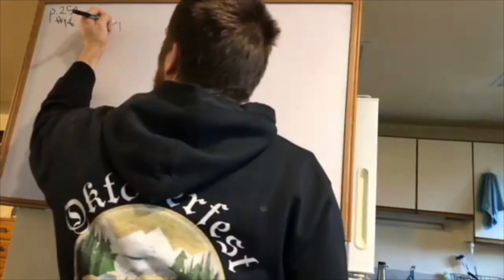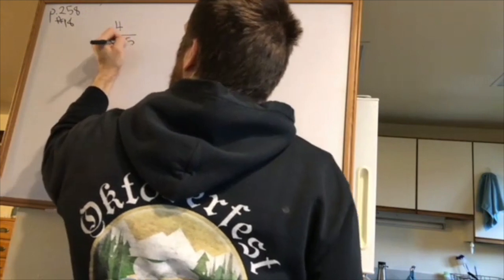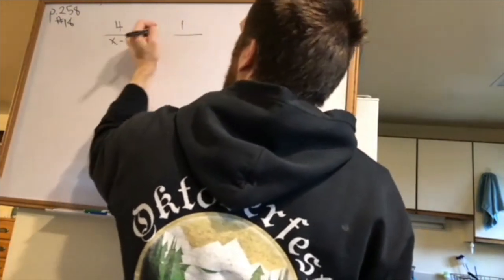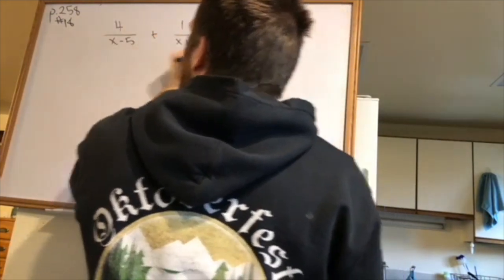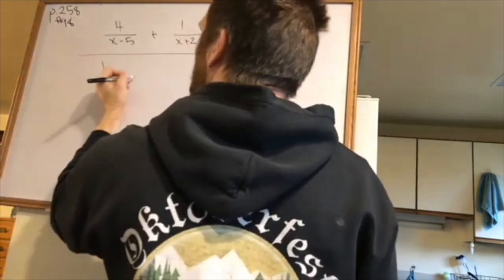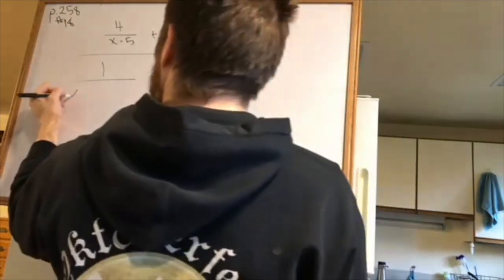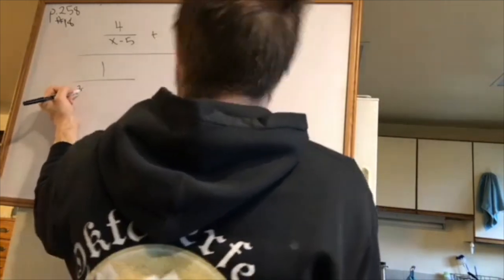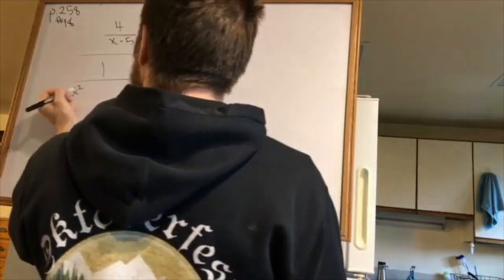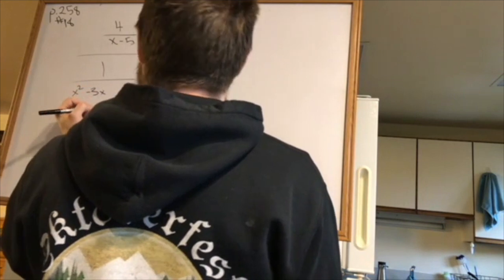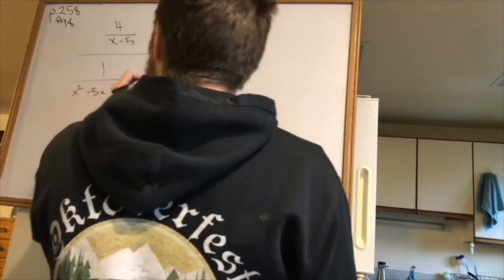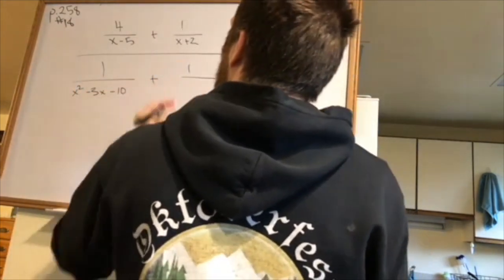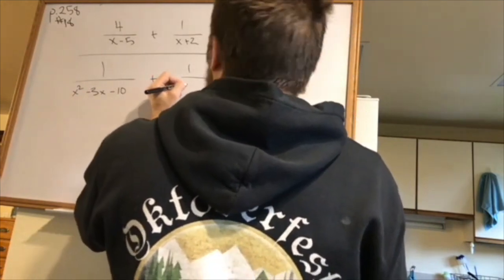The only other thing is you're going to have stuff like 4x minus 5 plus, we'll just call it 1x plus 2 over 1 over x squared minus 3x minus 10 plus 1 over, say, x minus 5.